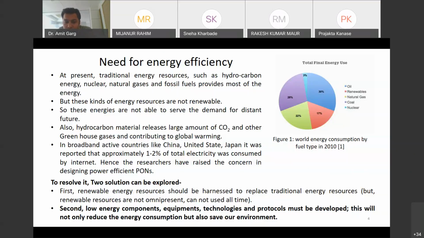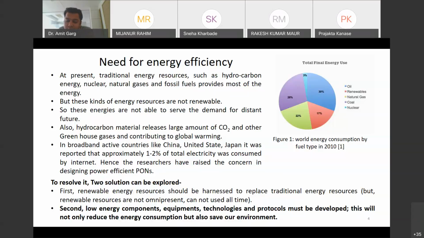Okay, so we need to worry about this energy consumption, as if we save the energy, we will definitely save our friendly environment. In broadband active countries like China, US, Japan, it was reported that approximately 1 to 2% of total electricity was consumed by the internet. Okay, so we need to worry.